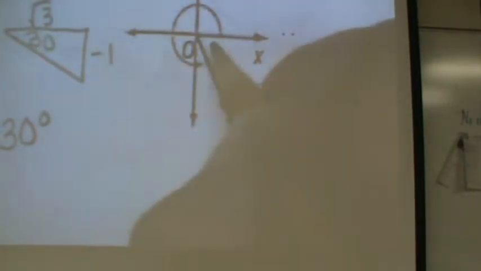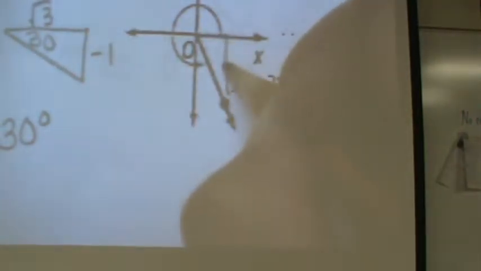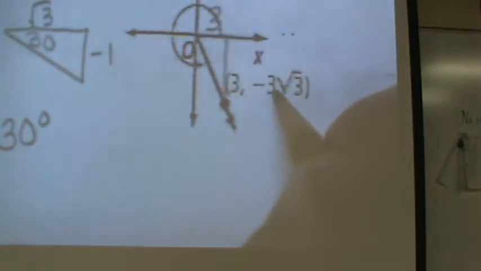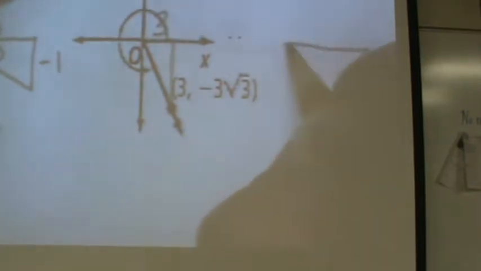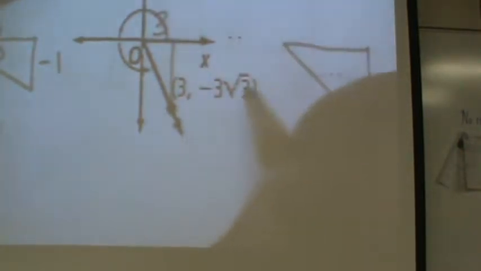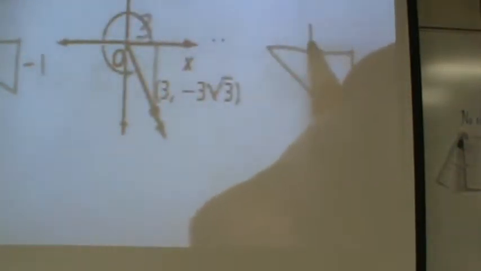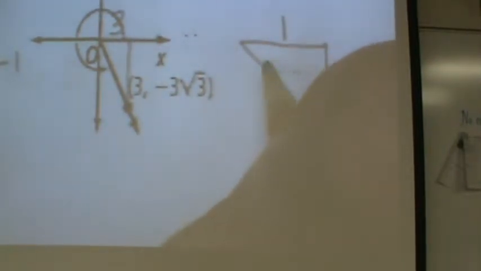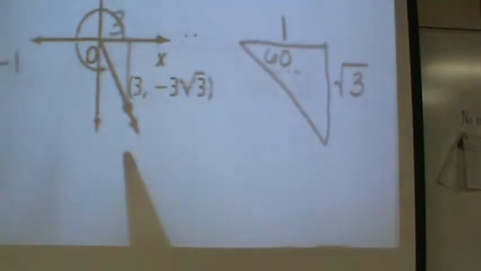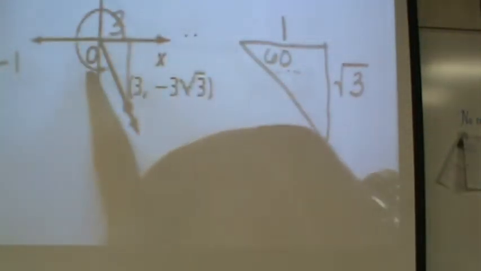We've got 3, we're gonna go 3 units this way and down negative 3 root 3. So this is what you have. If we divide both sides by 3, you're gonna make that a 1 and this a root 3. So what angle is this right here? 60. So what would it be from here to here?